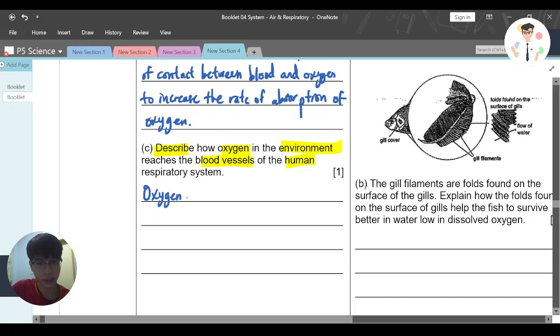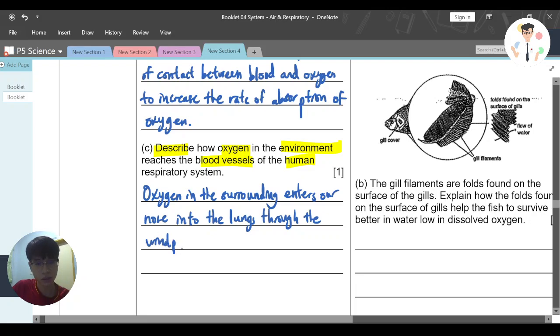Oxygen in the surrounding enters our nose, into the lung through the windpipe, where oxygen is absorbed into the blood at the air sacs.